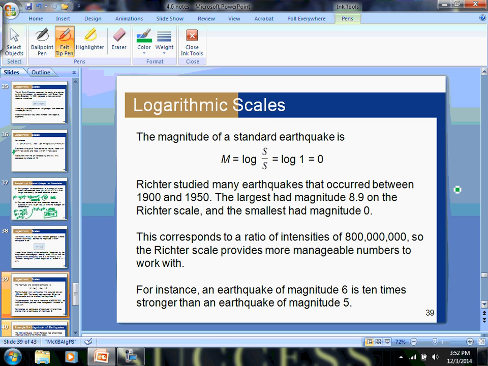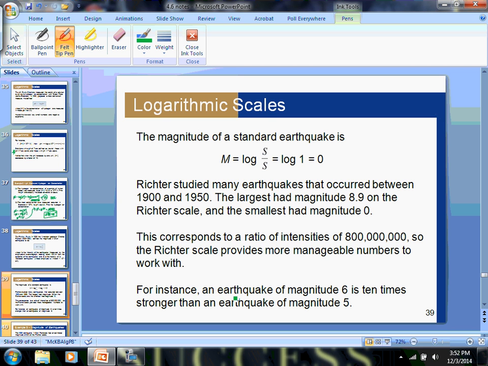The largest magnitude we've ever had is 8.9. The smallest magnitude is 0, obviously. So then their ratio of intensities is 800 million. Yikes. Or billion. No, million. Okay, million.